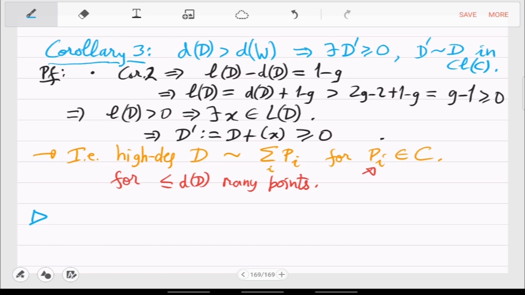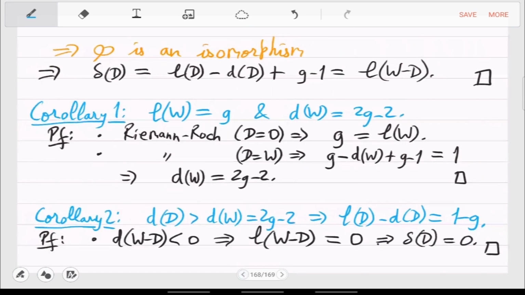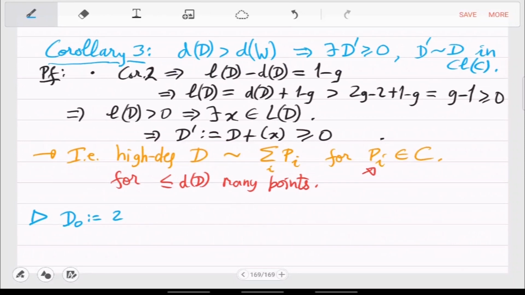Yeah, so now actually we can make that algorithm a bit clearer, because what you can do is just start with the high degree divisor, which is (2G minus 1) times the point at infinity, right? So it's a single point, the point at infinity, with order 2G minus 1. Start with this divisor. This is the high degree divisor.